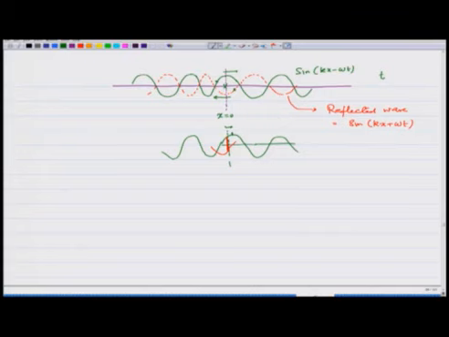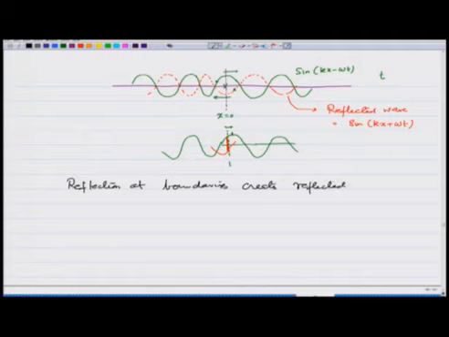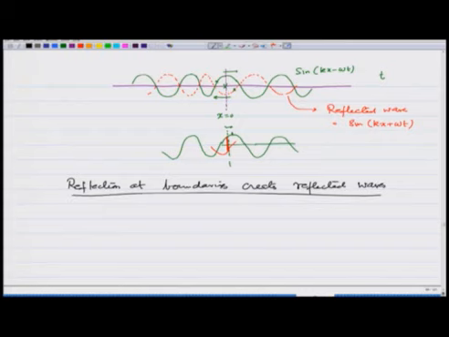Now, this has consequences. This has consequences that reflection at boundaries creates reflected waves, and what we have seen just now is the displacement at only the point where the reflection is taking place.